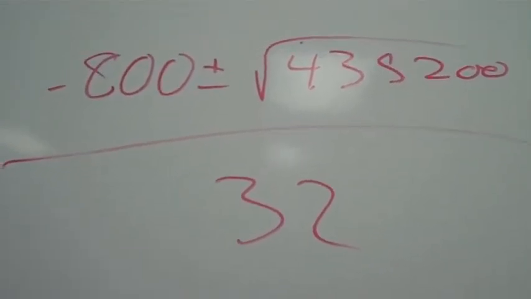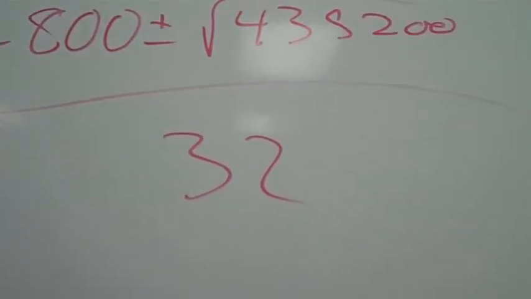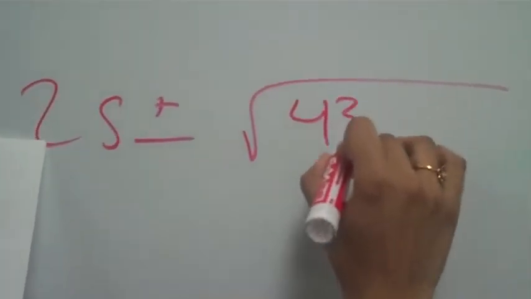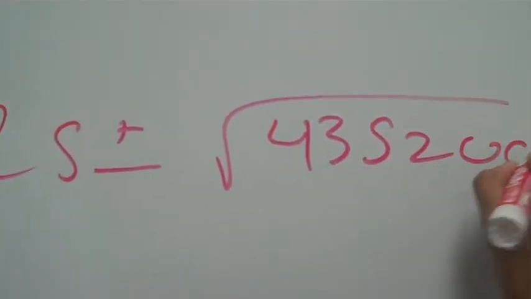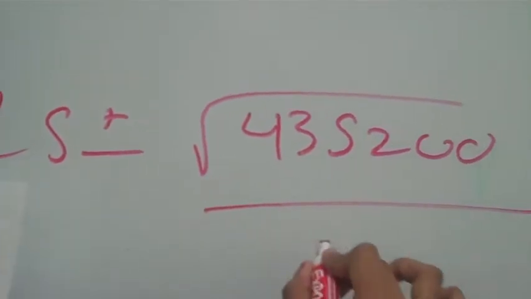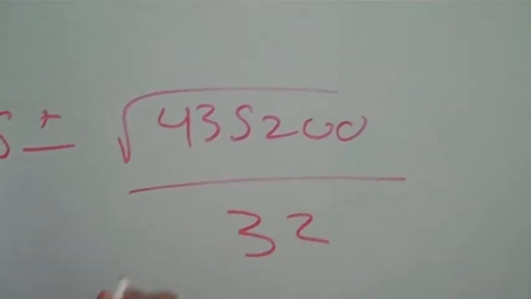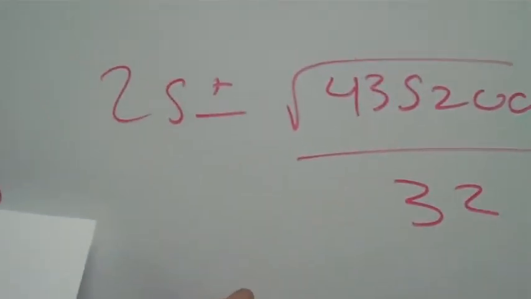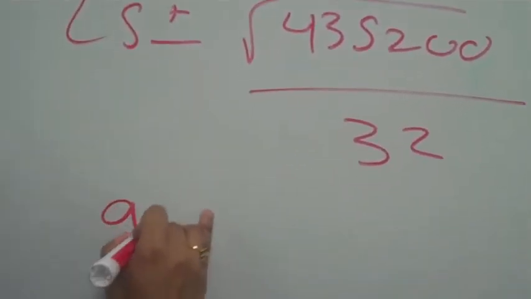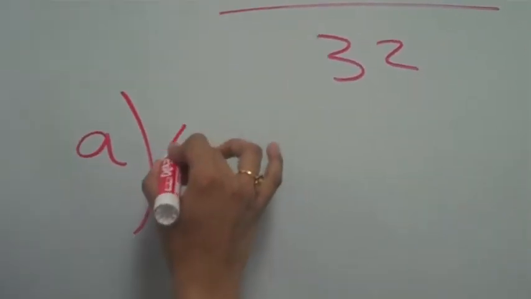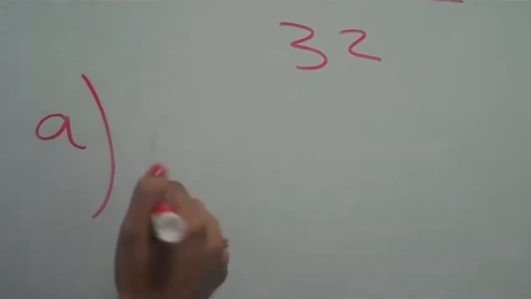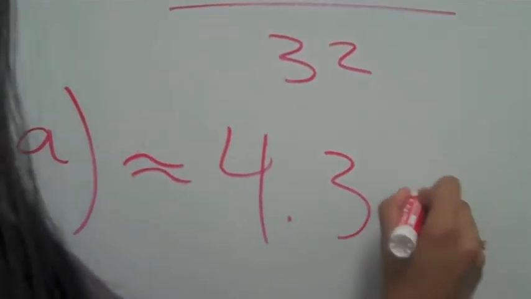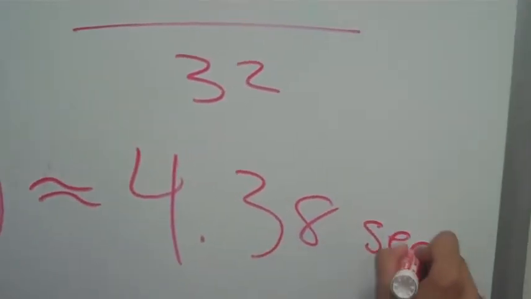And then it'd be 25 plus or minus the square root of 435,200 over 32. And so in the end, t equals about 4.38 seconds.